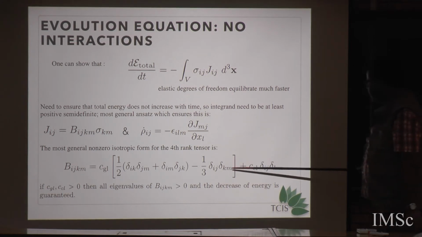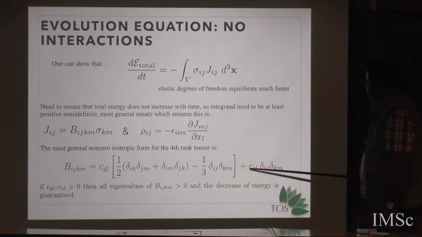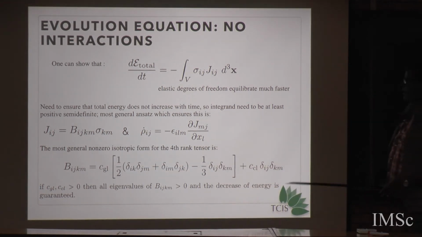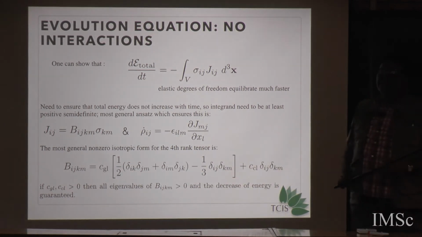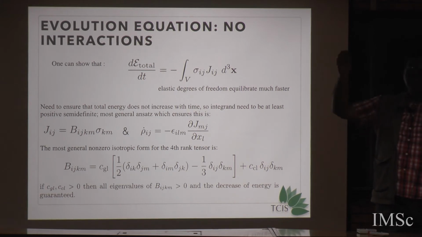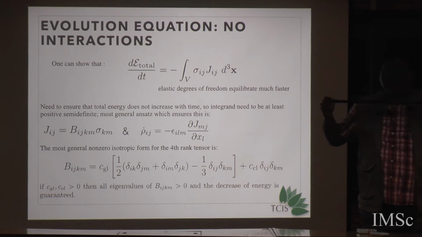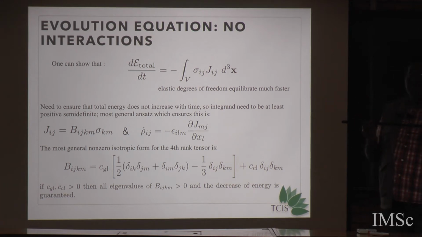Here there are two parameters, C_GL and C_CL, and what these denote are the climb and the glide velocities. You remember that climb was out of the plane and glide was in the plane.